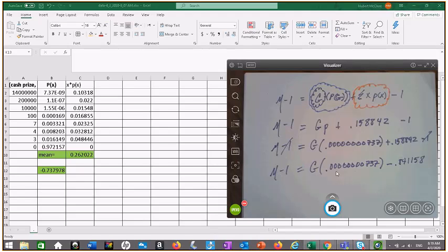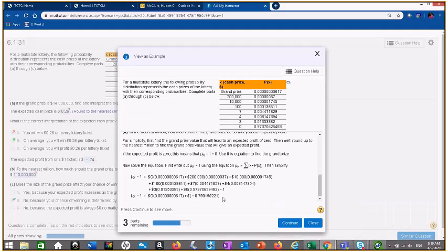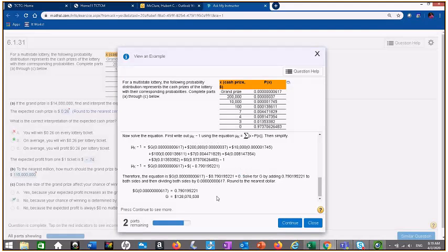And now we're going to bring this over here, and I'm going by what they're doing. If you solve it, bring this over here, that negative 0.79, bring it over, and then divide both sides by that number with all the zeros. Okay?